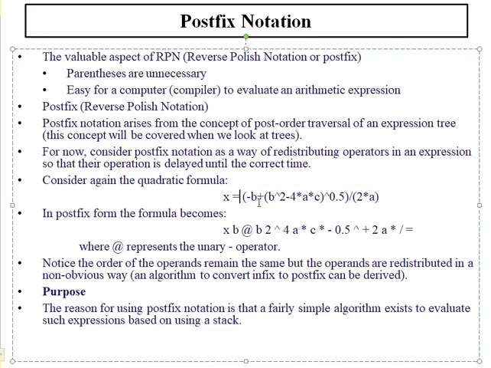So B here, this minus is represented by the at symbol, just representing the unary operator. In order to differentiate it from the binary subtraction operator, that's why we use the at symbol. It is applied on B, so we should bring it after B.